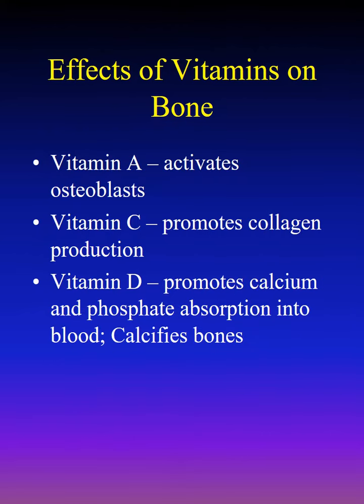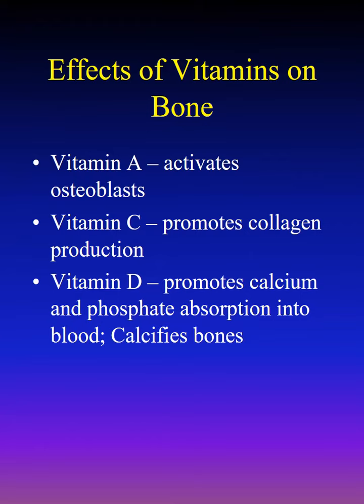So we have three main vitamins that are important for maintaining and growth of bones. And so the first one is vitamin A, and this is important for activation of osteoblasts. And osteoblasts, again, if you recall, are going to be our stem cells that will then develop into osteocytes, which are our mature bone cells.